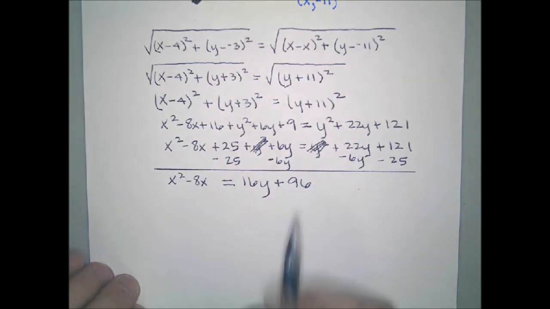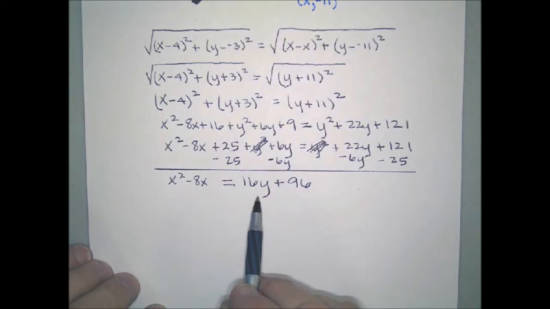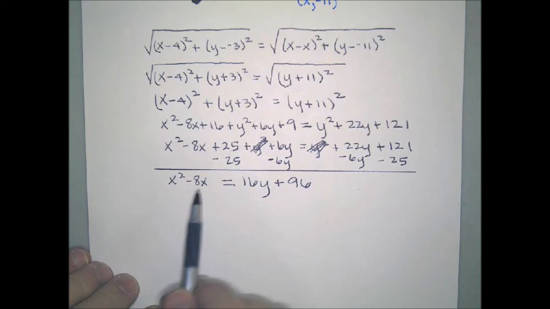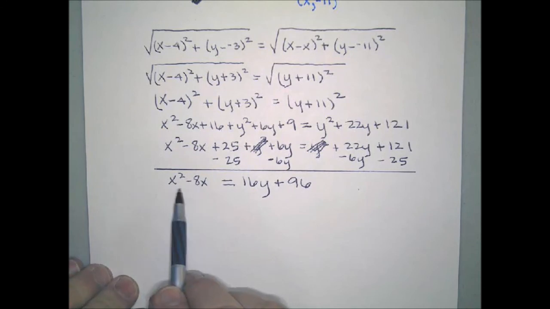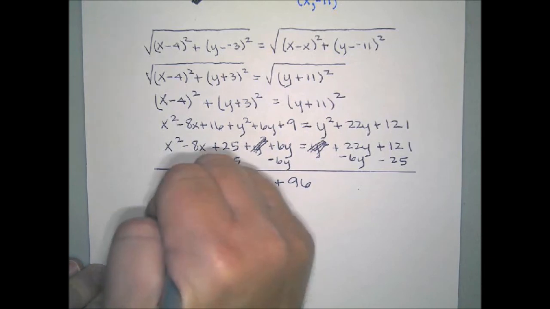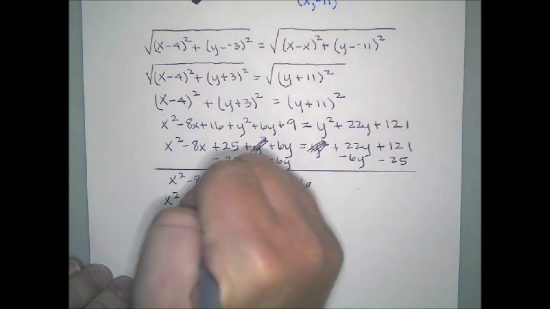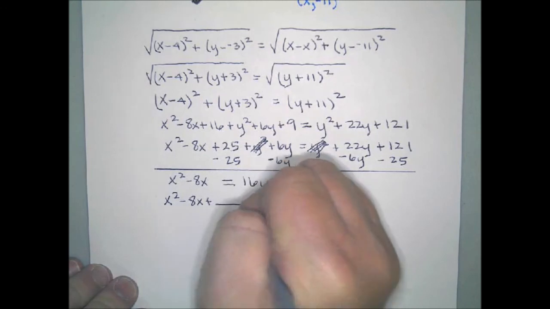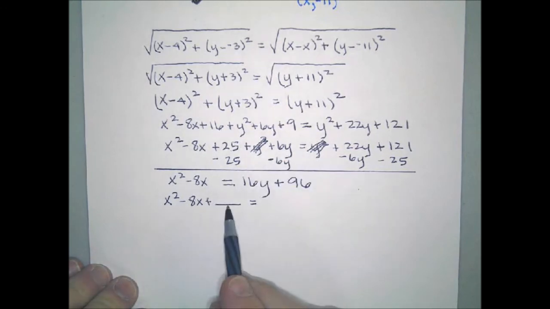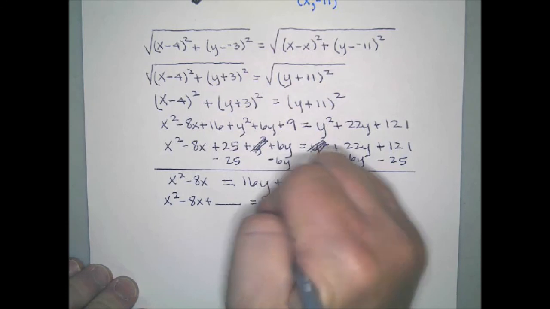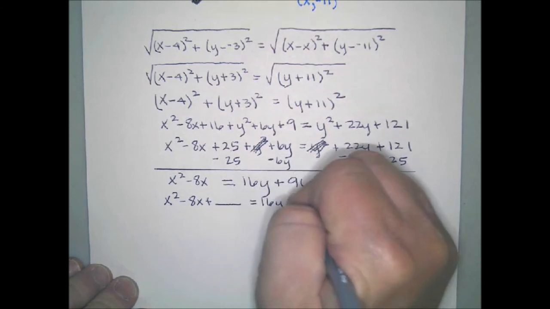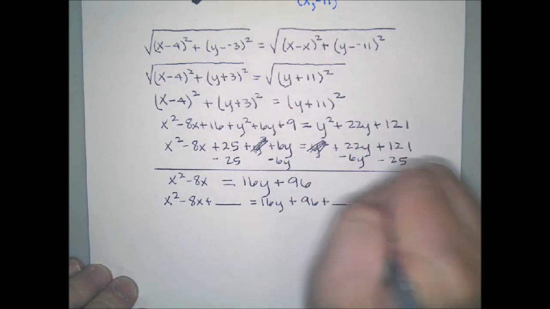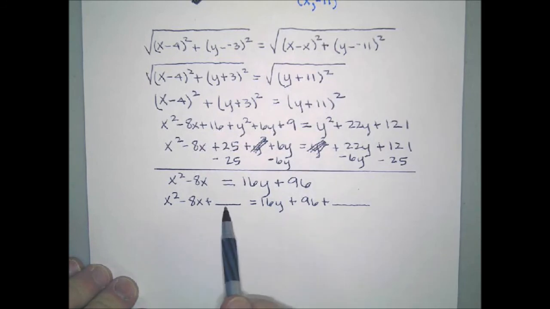Okay, now remember back in Objective 1 where we learned how to complete the square? I need to complete this square. I need to make it a perfect square trinomial. So it's going to be x squared minus 8x plus whatever that third term is to make it a perfect square, 16y plus 96 plus whatever I do over here, I need to do over here.